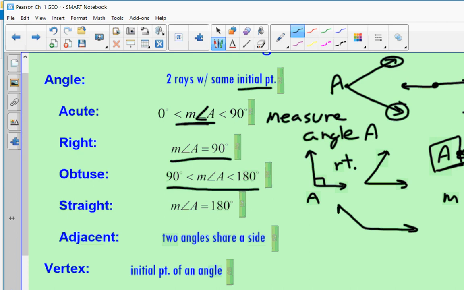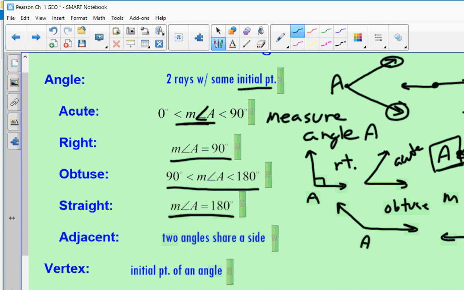That's going to be bigger than 90. So this one's acute, and this one's obtuse. Remember, that acute angle could look a little bit different, and this obtuse angle could look a little bit different, but it's how they open in relationship to a right angle. A straight angle is going to have a measure of exactly 180 degrees. So a straight angle is actually going to look like this, and that's a line.